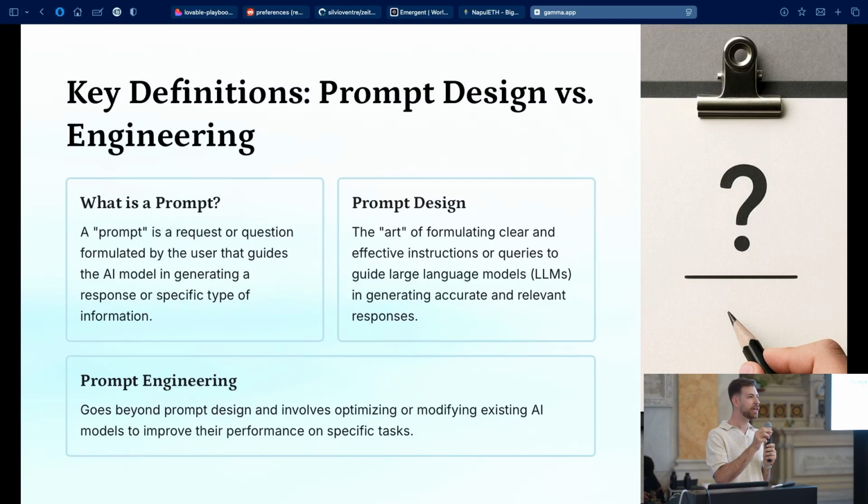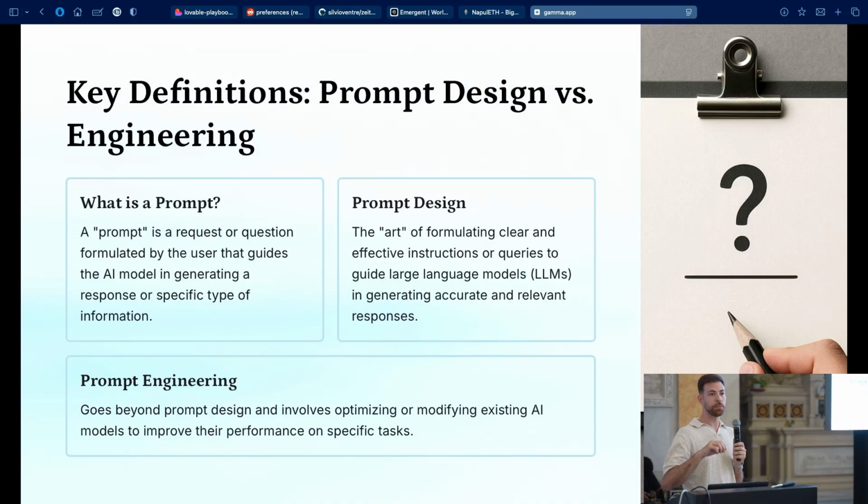It's the art of crafting a great request in natural language. Prompt engineering is the next step of crafting a good and effective request, also using code, basically in Python, which is a coding language. With prompt engineering, you can level up the output you can expect from a large language model.